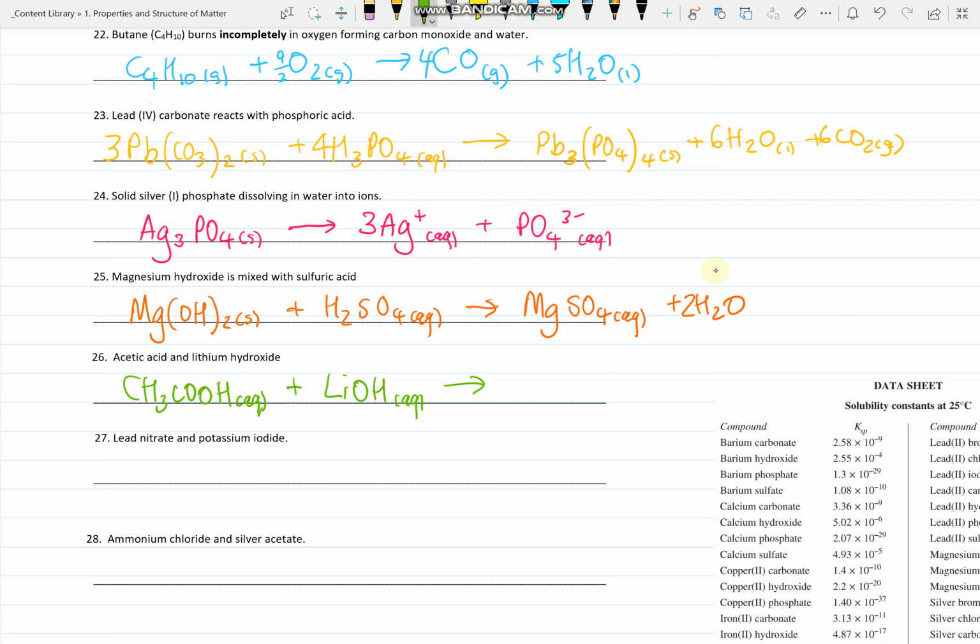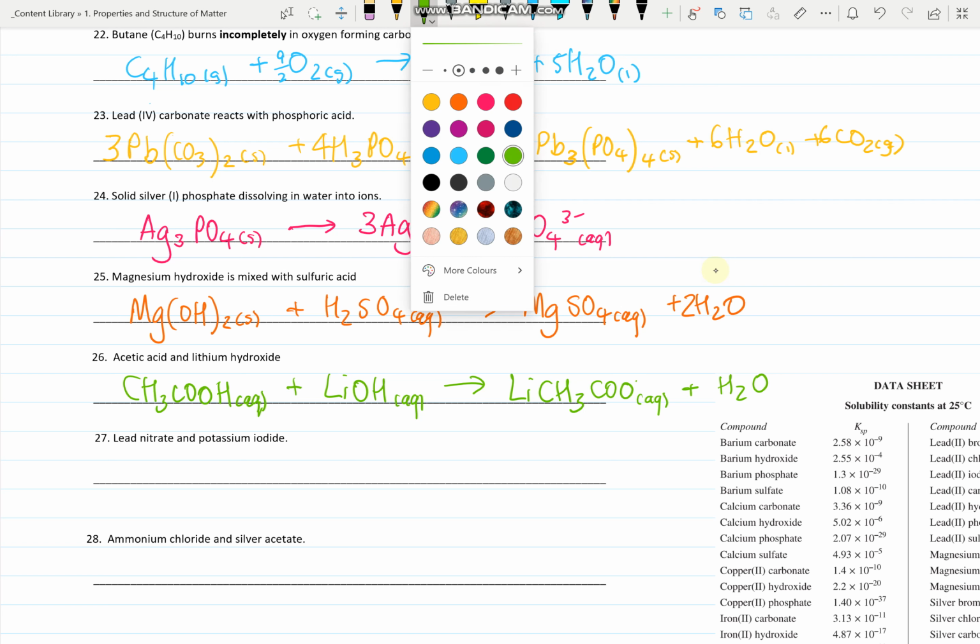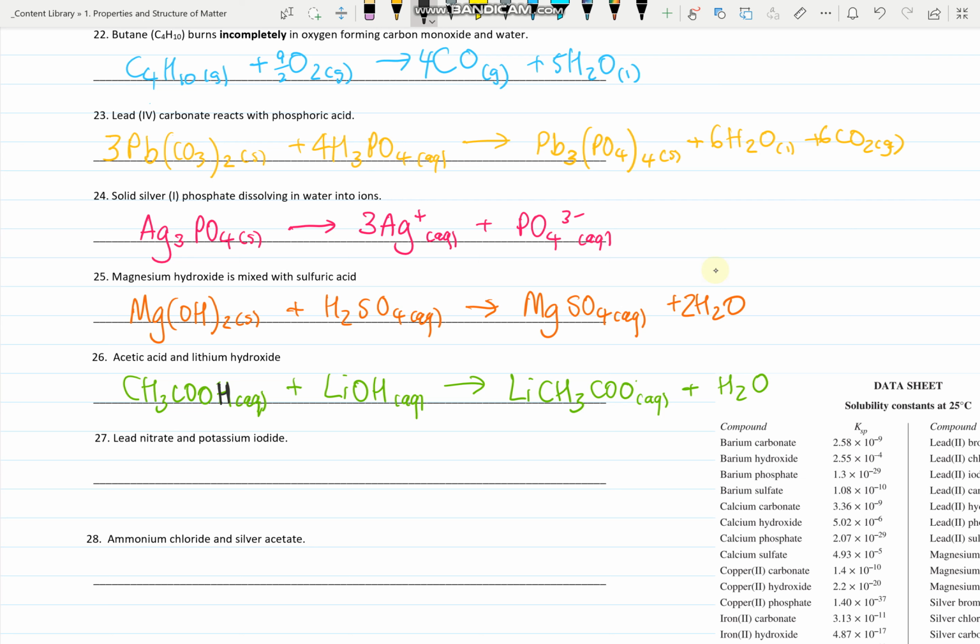And so you're going to get lithium acetate, aqueous, and water. Literally, I will draw the water.